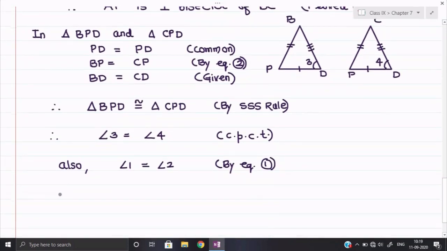Okay, so we can say that therefore AP bisect angle A as well as angle D, because both the angle we have proved equal.